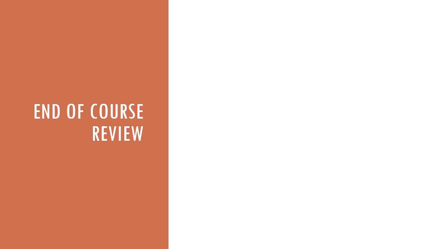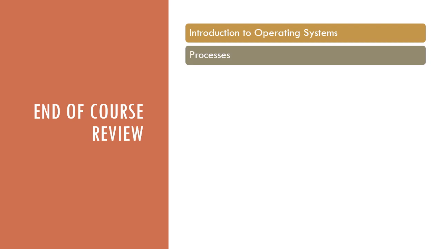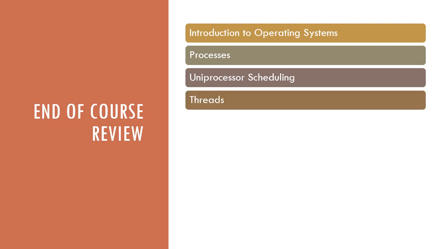So why don't we take a look at what we have done so far and how far we have come. We started with Introduction to Operating Systems, in which I gave you an overview of the history of computers. And then we came to processes and found what processes were. Then we did uniprocessor scheduling. Then we progressed to threads.